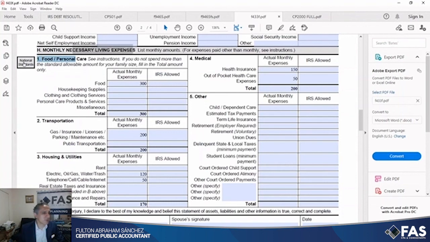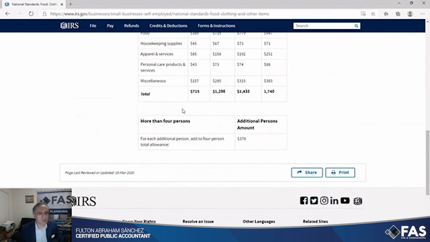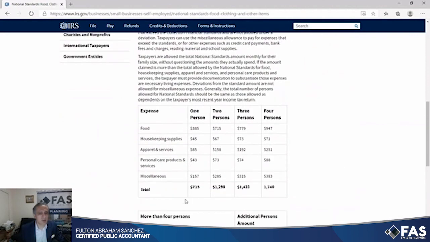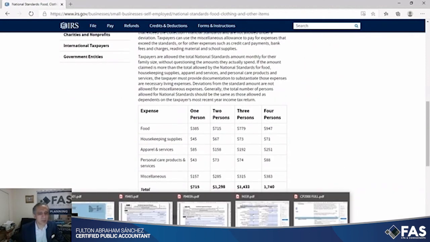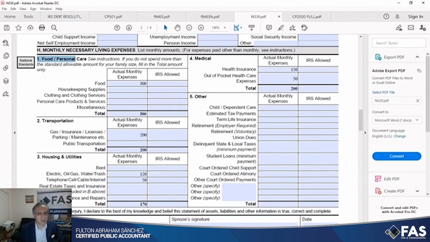There is a button here that says national standards. And in this national standards, it will bring me here. So my national standard for food for one person is 385. So I will put that number, 385. So I am below the limit.